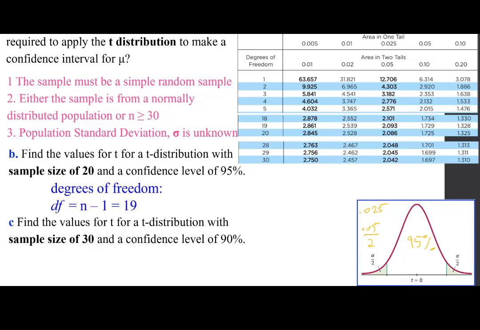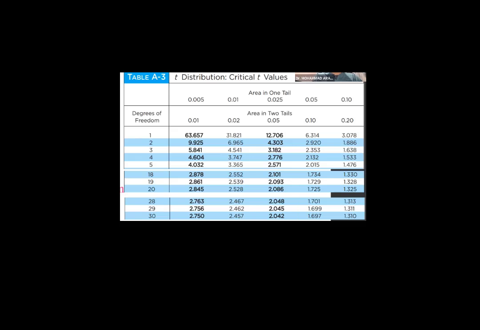Here's the T distribution table, or at least a portion of it. On the left side, you're looking for degrees of freedom. In this case, number 19, you locate that. Then you go to the top, either area in one tail, which in this case should be 0.025, or area in two tails, which has to be 0.05.